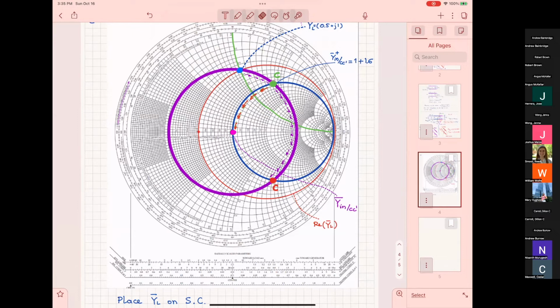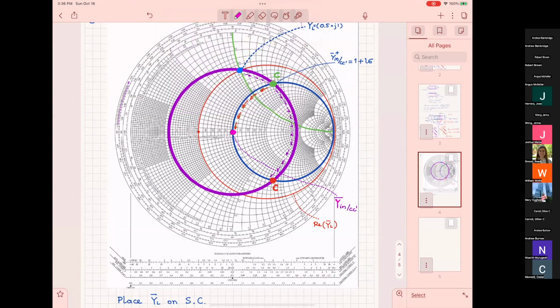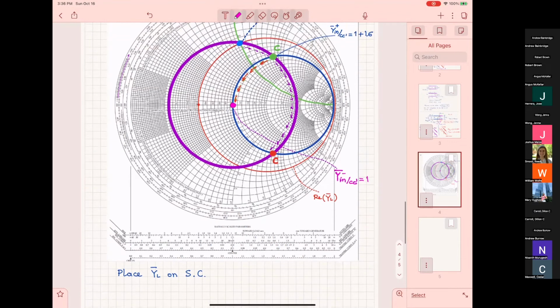So now, look what I have done. Let me use a different color. So this is your y in at C prime, left of the stub. That is equal to 1. So now, let me see.